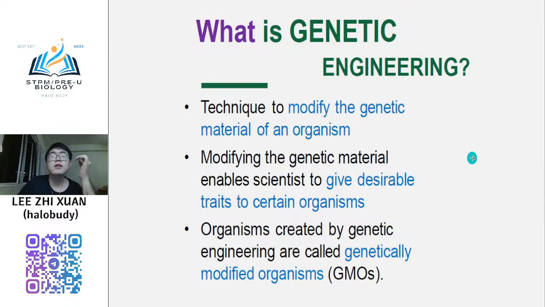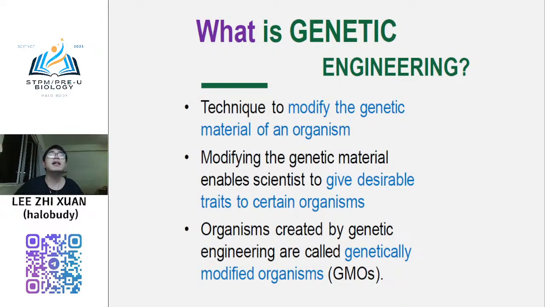There are many names for it. Genetic engineering is the former name. Other names are recombinant DNA technology, recombinant gene technology, and gene cloning technology. All of these are the same.